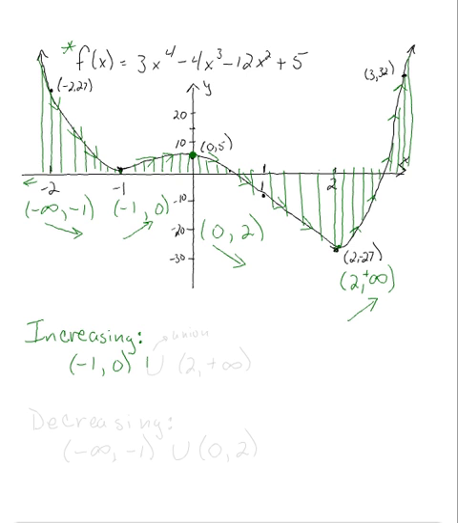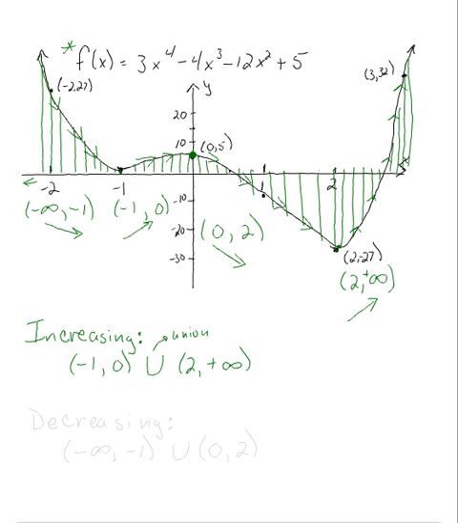Okay, it's customary to put a union sign. Again, this symbol here stands for union, saying that these are both regions where the function is increasing. So I have -1 to 0, union 2 to infinity. Those are places where the function is increasing.